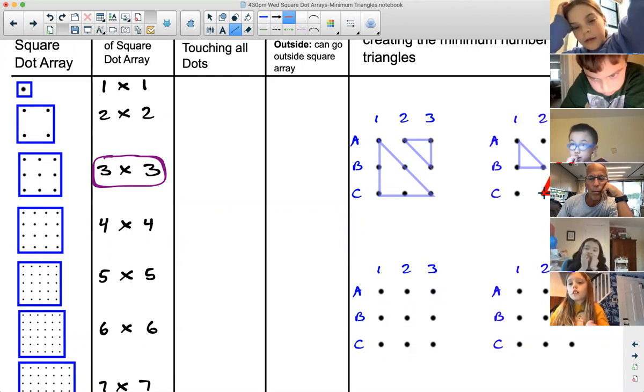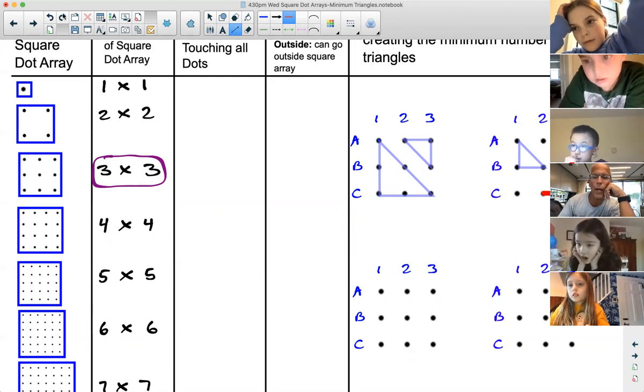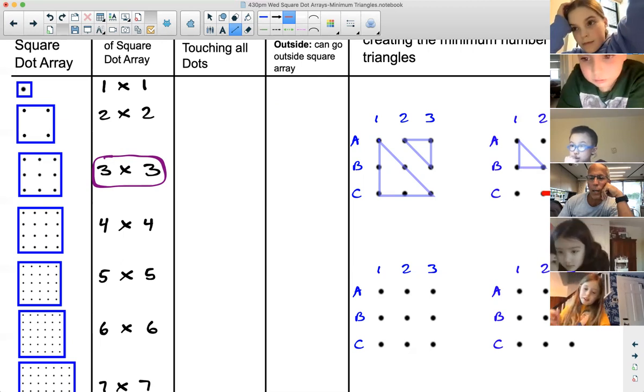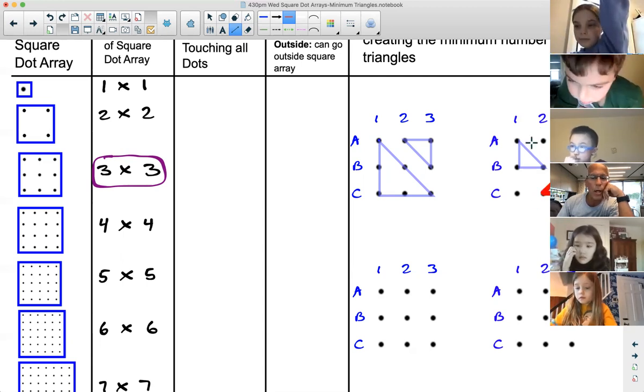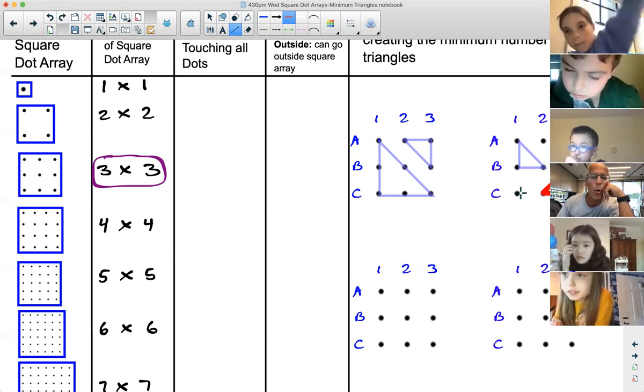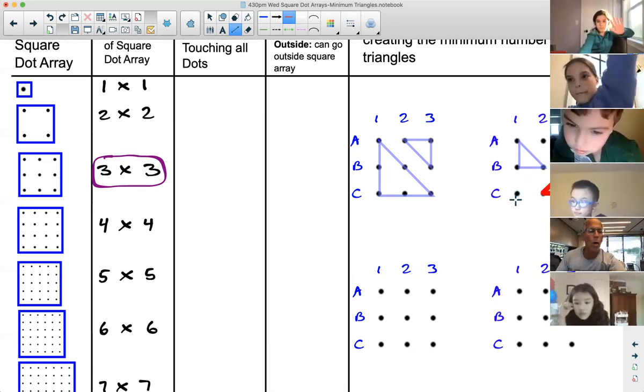When I went to C3 and went up, I only went up to B3, not A3. Oh, I'm so sorry. Got it. And then go down to C2. The problem is you'll never get a triangle on A2 and A3 or on 1C.